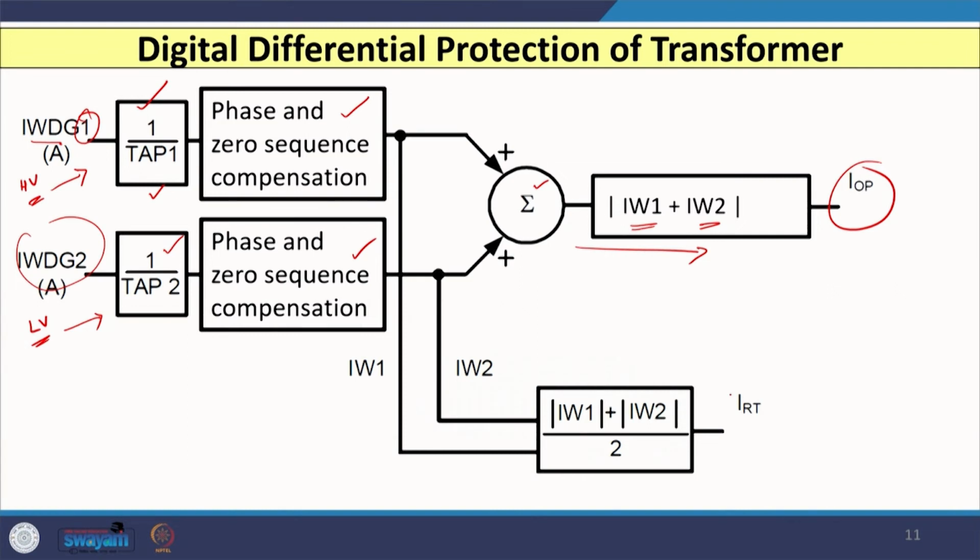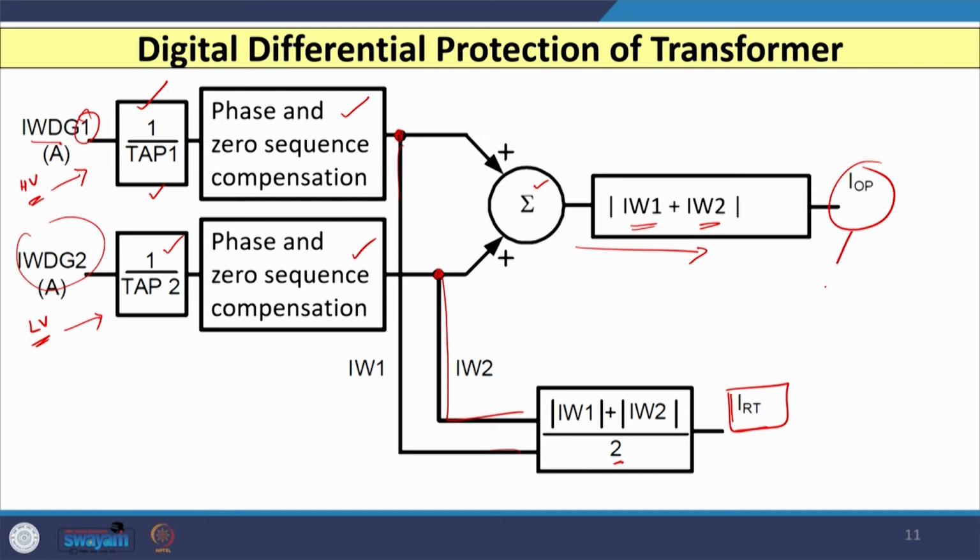In the same way, if I want to obtain the restraining current, that is IRT, you can obtain that also, because you can see I have considered the same 2 signals here, and we are going to do simply the scalar addition with a specific compensation factor k. Here I have considered k as 0.5. So, you will finally have the restraining current IRT.